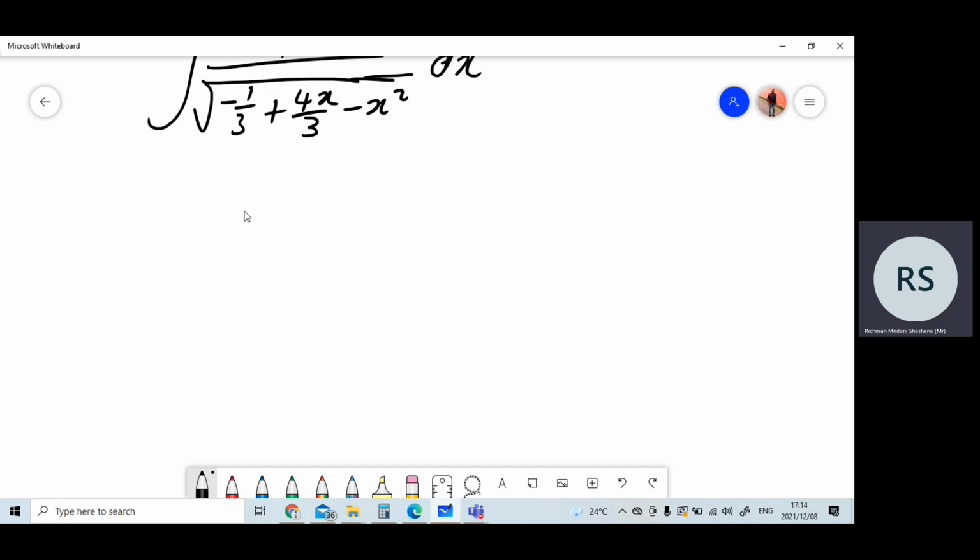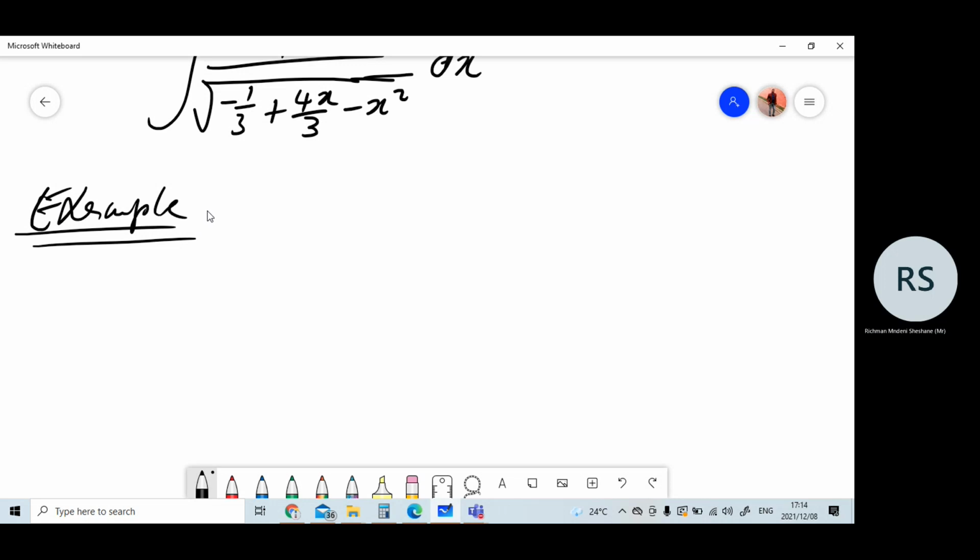Example. Let's say we want to integrate 3 minus x over 9 minus 4x minus x squared. I hope I will be correct.